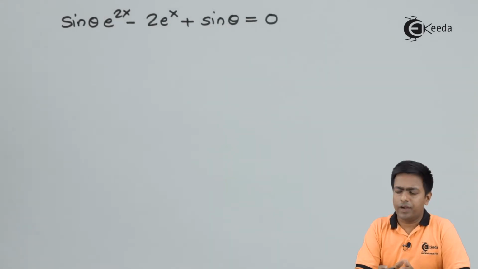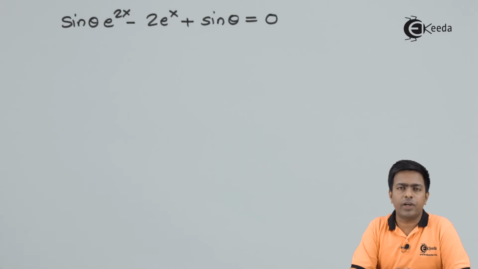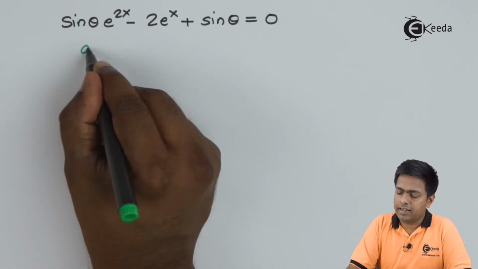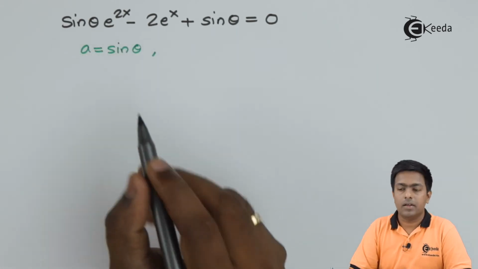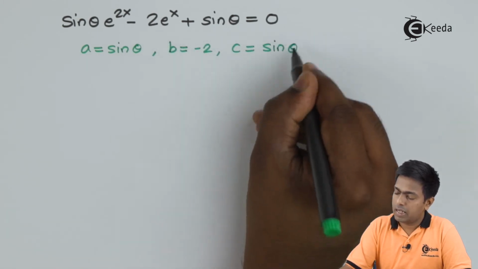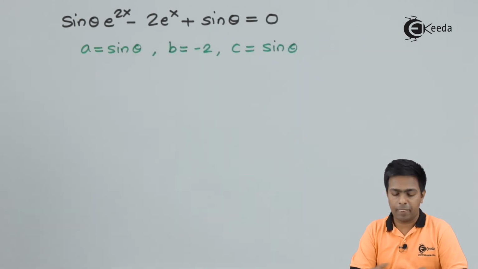Now we will compare this equation with the quadratic equation, and by comparing, here we can say that this is a quadratic equation in e to the power x. So here we can say that sin theta is a, this minus 2 is b, and sin theta is c.